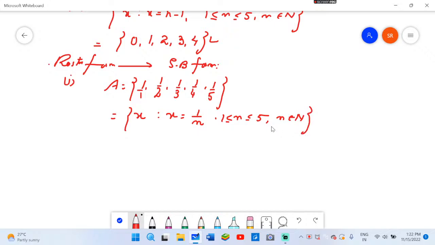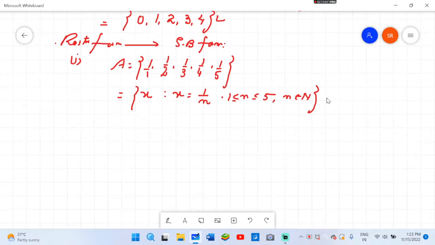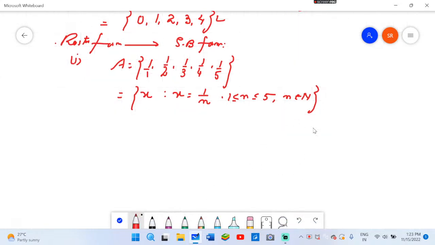The basic idea is we have to give the complete meaning of x. I have told you it is the reciprocal of a natural number, and n will be at most 5, and n will of course be a natural number. So this form becomes, what do we call it? Set builder form.